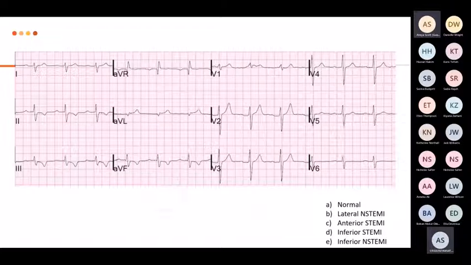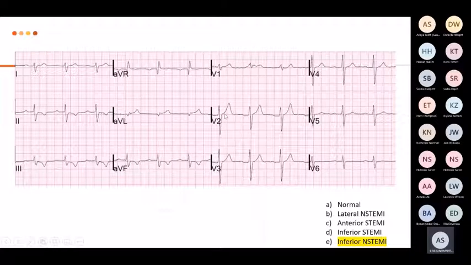Okay, so C is the correct answer. Oh, it's E, sorry. So if you look at leads 2, 3 and aVF, you can see T-wave inversions here. I think people are thinking it's an anterior STEMI because of this here.